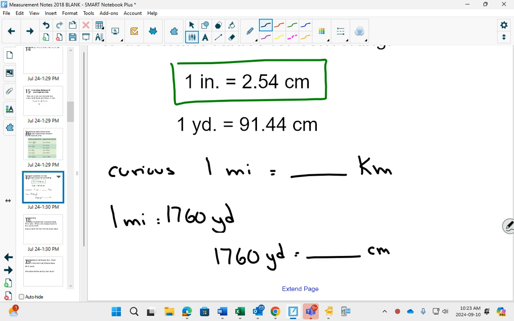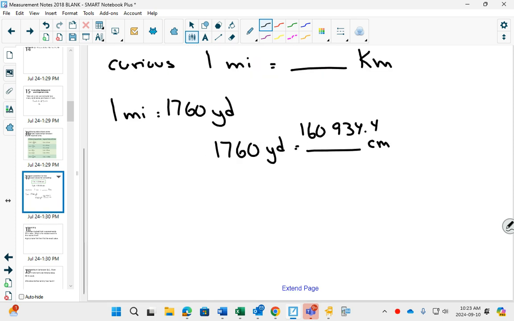So I'm going to take that 1760 and multiply by 91.44. And I get a big number, 160,934.4 centimeters. Whew.